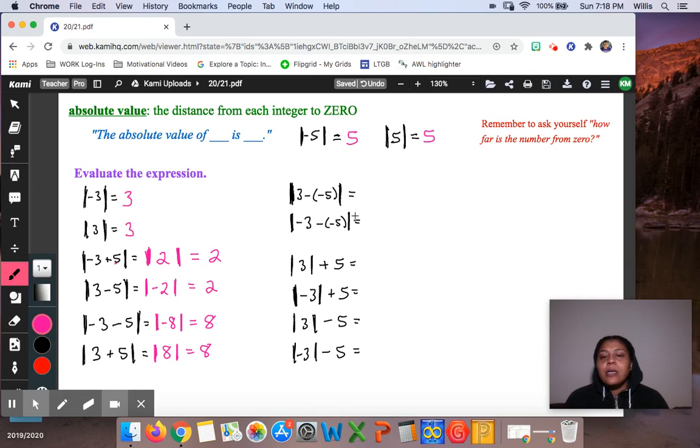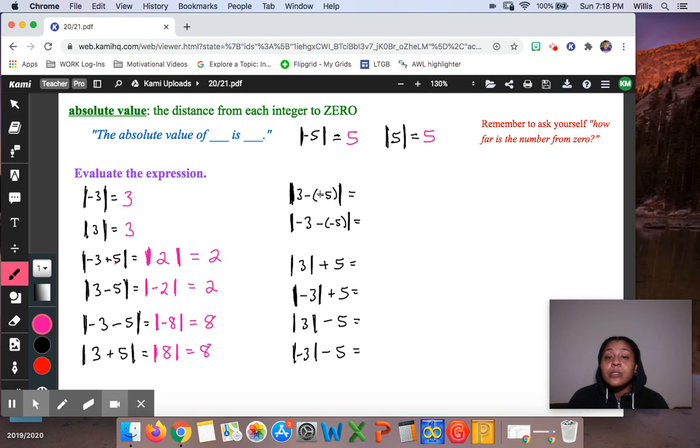Okay, so now we have more expressions to evaluate, but again, gotta pay attention to what you have. You might have to clean things up and rewrite before providing a final evaluated answer. So here we have 3 minus -5 inside of the absolute value symbol. So the absolute value of 3 minus -5 is, I don't know, because we need to clean this up.